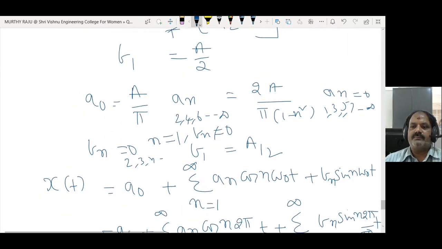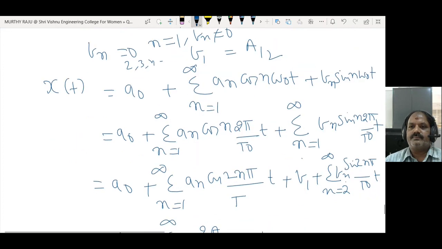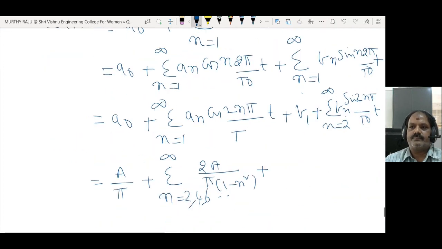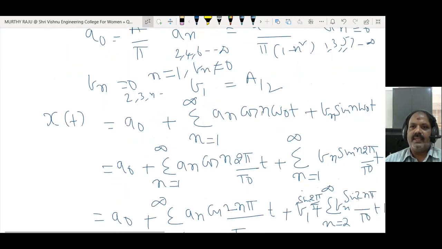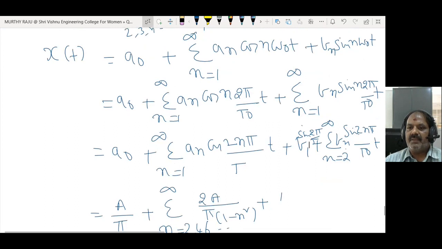Here b1 sin, n value is 1, sine 2 pi by T t. b1 value is A by 2, sine 2 pi by T naught into t.